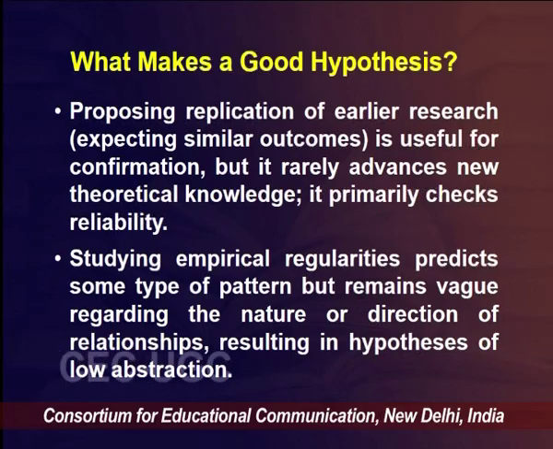Proposing replication of earlier research, expecting a similar outcome, is useful for confirmation, but it rarely advances new theoretical knowledge. It primarily checks reliability. Studying empirical regularities predicts some type of pattern but remains vague regarding the nature or direction of the relationship, resulting in hypotheses of low abstraction.